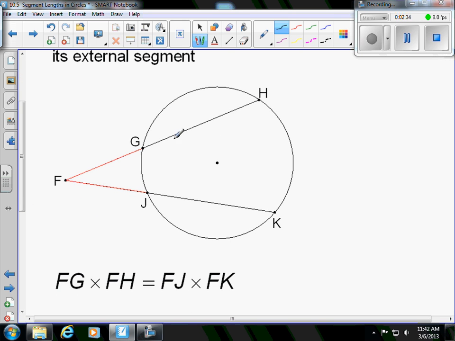So you can see we have these secants that share this endpoint outside of the circle. The endpoint is F, and FG is the external segment, and FJ is the other. So basically FG times FH is equal to FJ times FK.